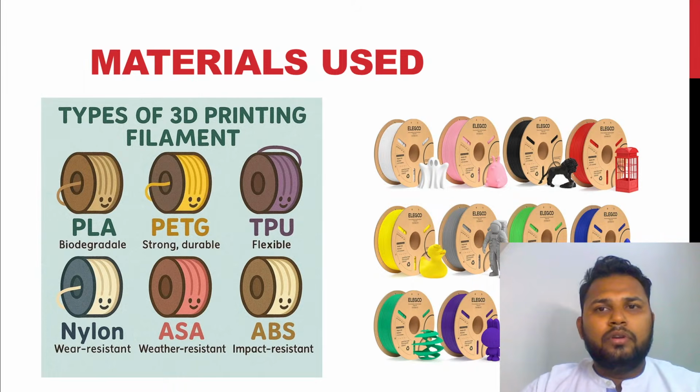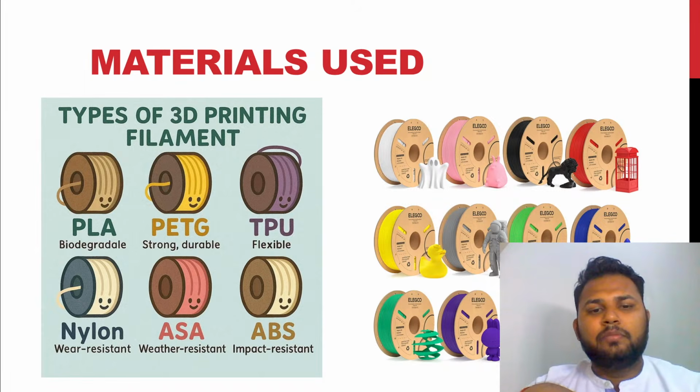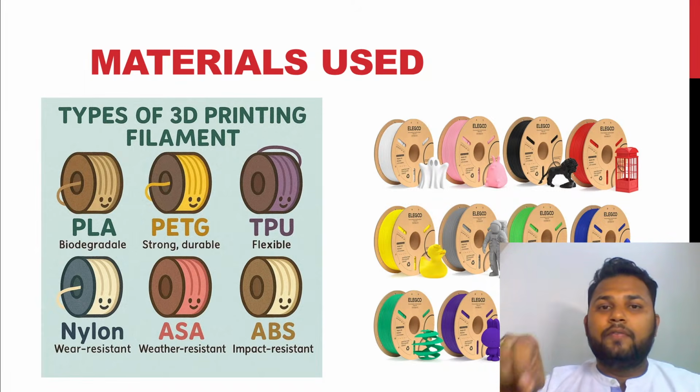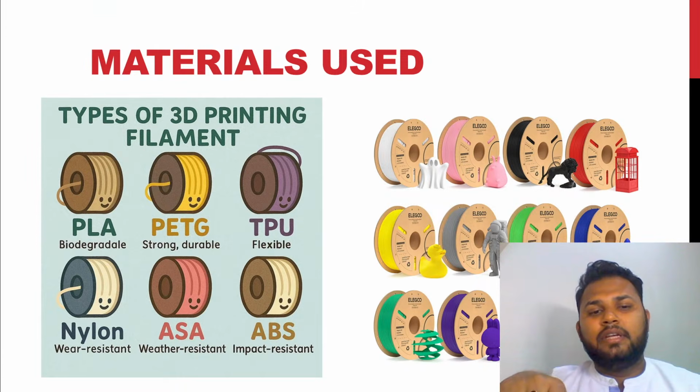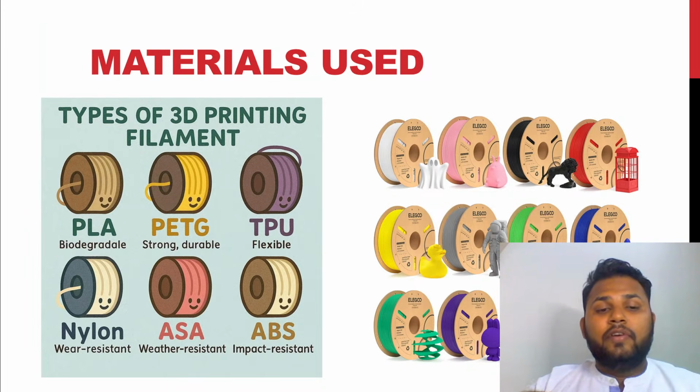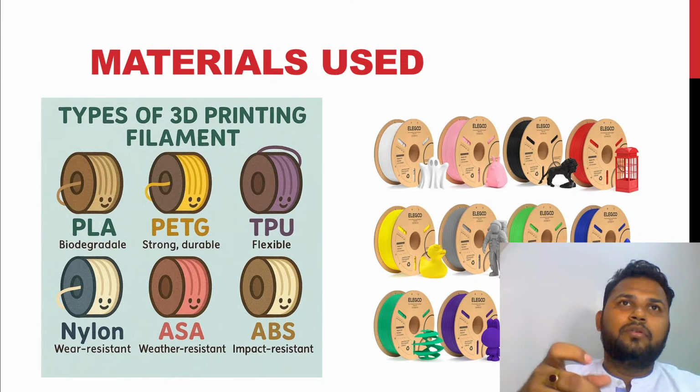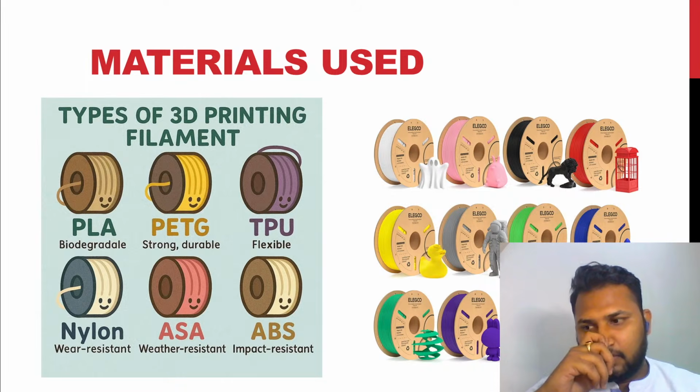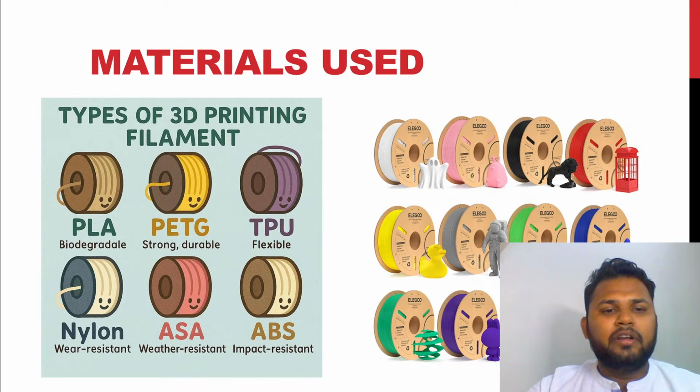TPU, as I have already told you, is used for flexible material. So if someone wants strong material, from the above given six materials under the temperature range of 275, we can say ABS and nylon are the strongest of all six. And ASA is given weather resistance, as ABS also has some kind of drawbacks if we put it outside.